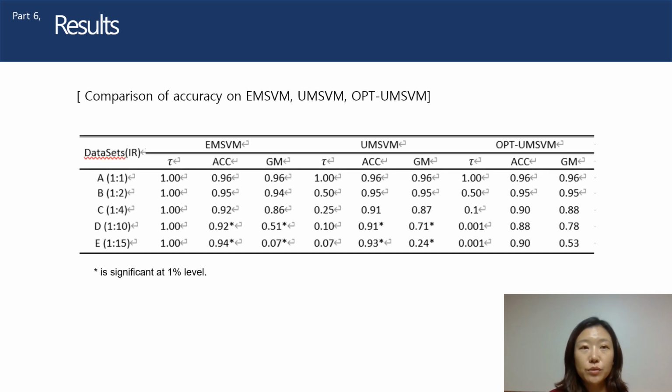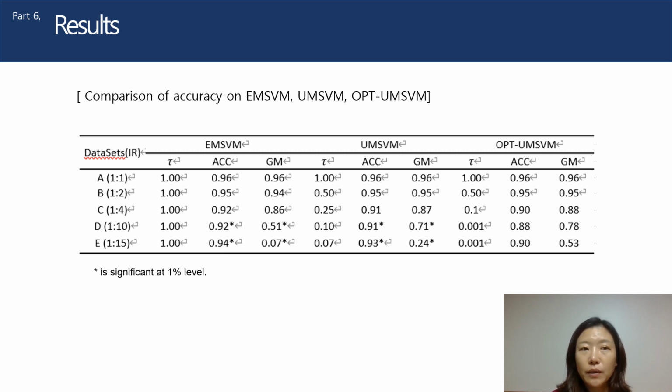This table shows the result of the second research question. It is the comparison of OPT-UMSVM with EMSVM and UMSVM. EMSVM's tau is set as 1 for all data samples, and in UMSVM, an appropriate tau is set for the data imbalance ratio according to Lee and Taylor.